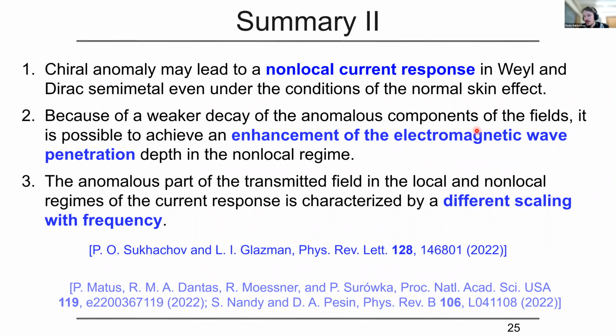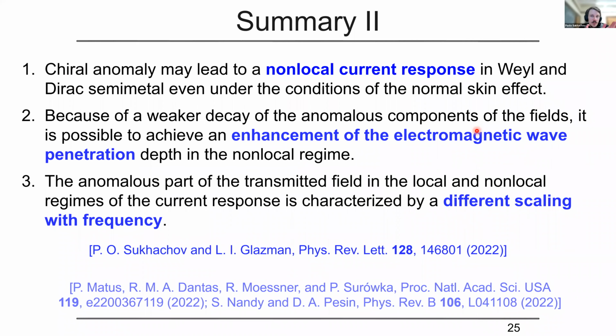Since my time is probably running out, I would like to summarize the key conclusions of the second part of my talk. First of all, we notice that the chiral anomaly may lead to a non-local current response in Weyl and Dirac semimetals, even under the conditions of the normal skin effect.